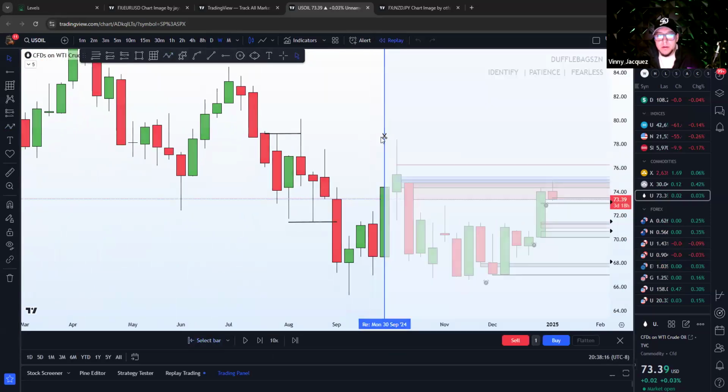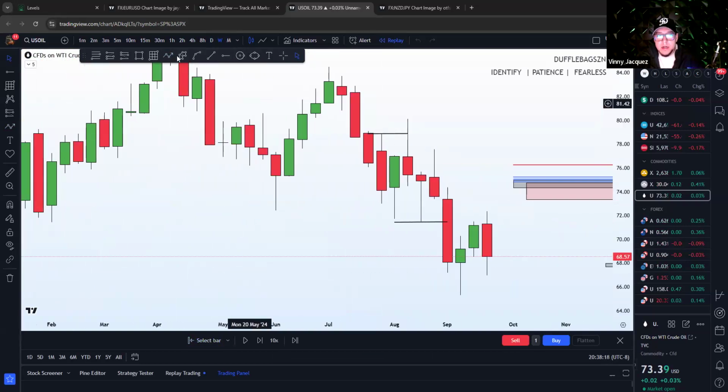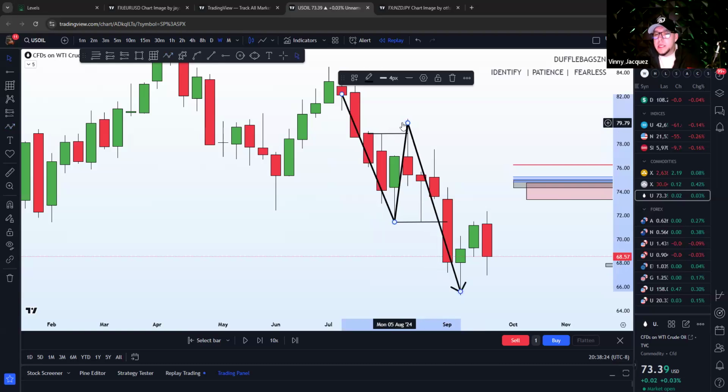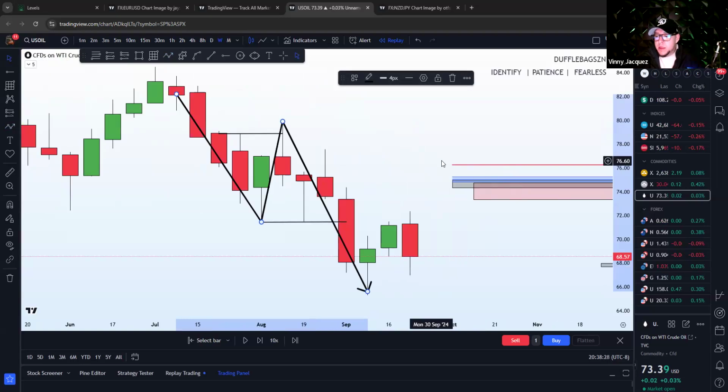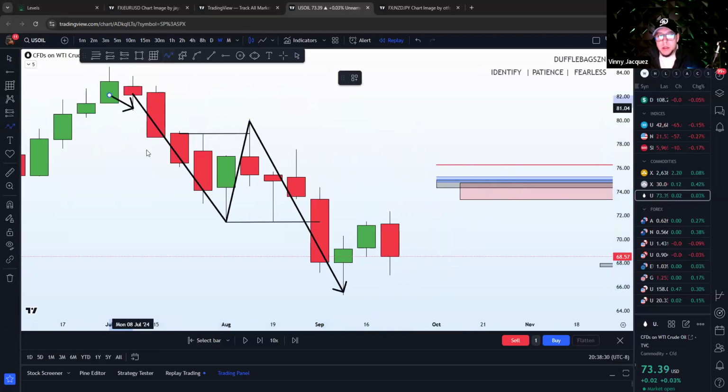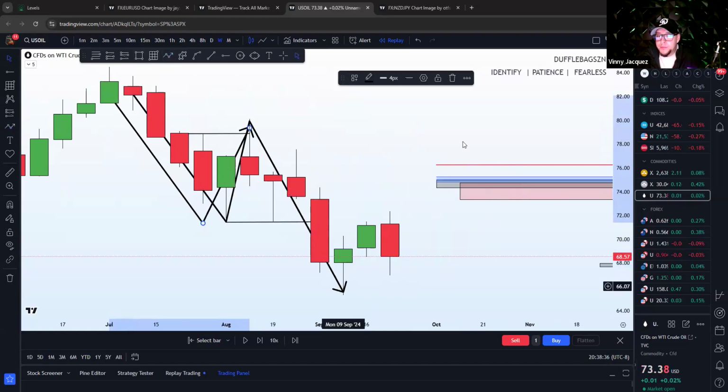Let's not focus on this, let's just focus on this here. If I'm looking at lower low, lower high, lower low, and the market is going down, what am I thinking in my head?